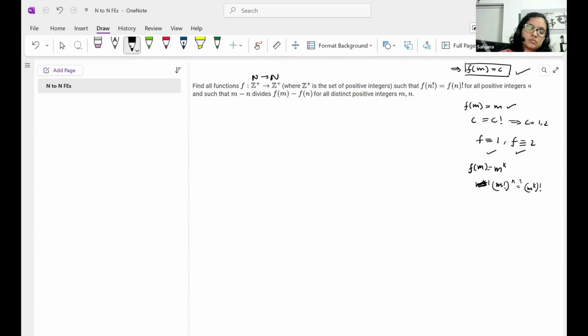I don't think this would hold. You can try looking at the powers of exponents, and this won't always hold. But yeah, it's a good guess.